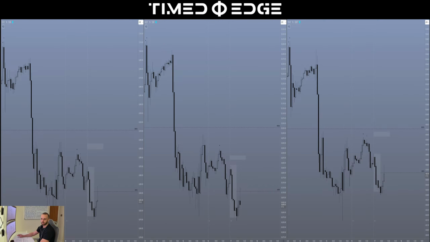So that could probably come down into the 50%. London should form the wick. So we must have cleared a load of buy side here. We've cleared a load of buy side. We've reacted from the equilibrium, previous day's range.